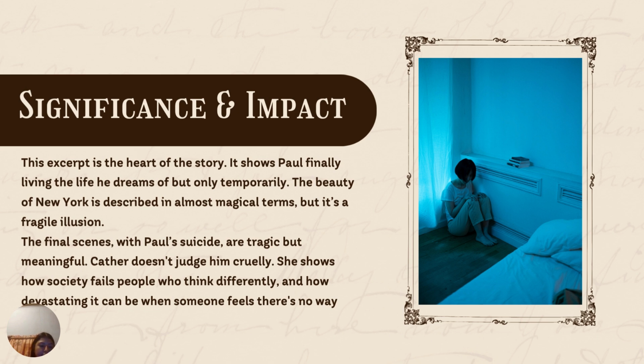The final scene with Paul's suicide is tragic but meaningful. Cather doesn't judge him cruelly. She shows how society fails people who think differently and how devastating it can be when someone feels there is no way out.